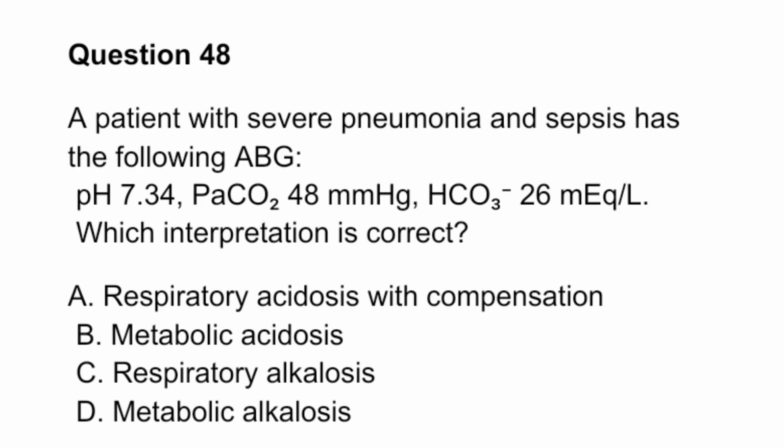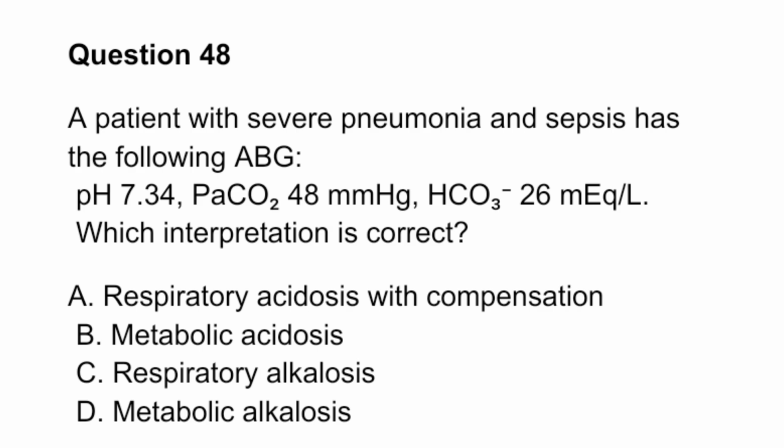Question 48. A patient with severe pneumonia and sepsis has the following ABG: pH 7.34, PaCO2 48 mm of mercury, HCO3- 26 milliequivalents per liter. Which interpretation is correct? A. Respiratory acidosis with compensation. B. Metabolic acidosis.